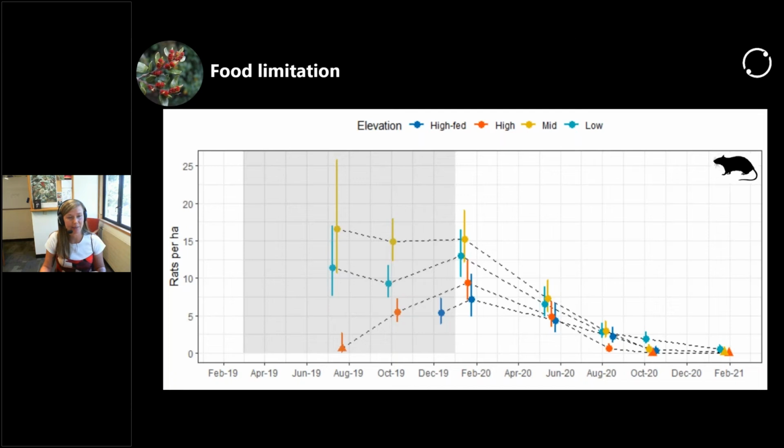It just looks like they completely shut down that recruitment because they had so overshot the regular resource that's available in these habitats. But if food limitation was the sole reason for the decline, we'd think that our fed rats shouldn't have declined to pretty much zero. So obviously something else was going on other than food limitation as well.